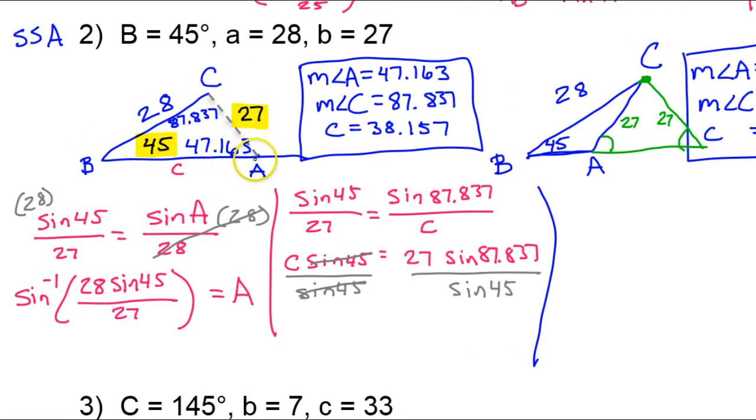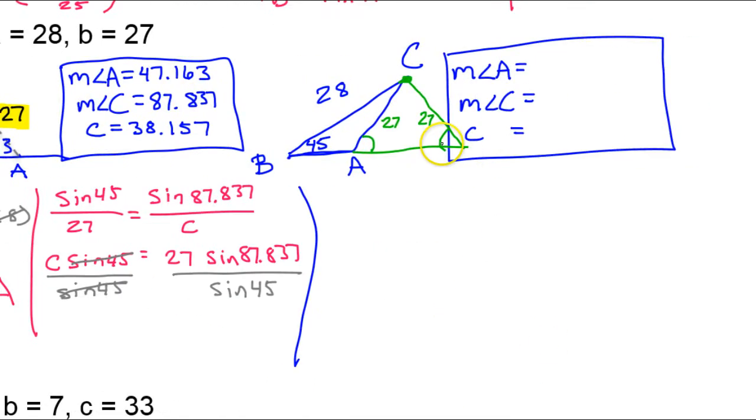So we can use what we found from the acute triangle. So we found that angle A, the acute version, is 47.163. Okay, so we find that this right here is 47.163. That means this other angle is also the 47.163. Alright, both of these are the same. So the obtuse angle is making a straight angle with this.